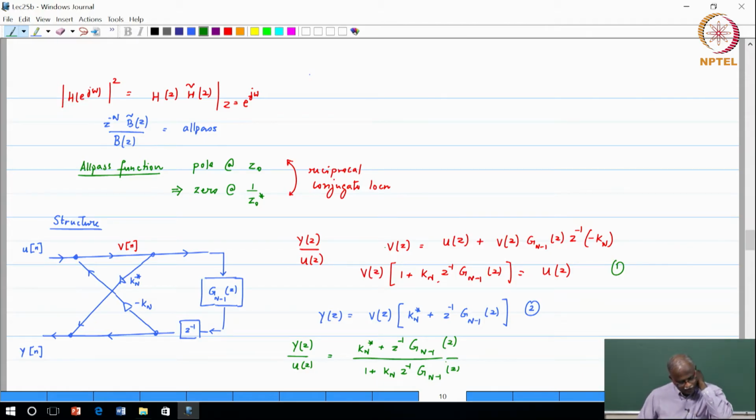Again, basically it is just analysis of a lattice that has some feedback paths. Therefore the transfer function will be an IIR transfer function, with a numerator and denominator, and this is what we have obtained. Let us call this equation 3.